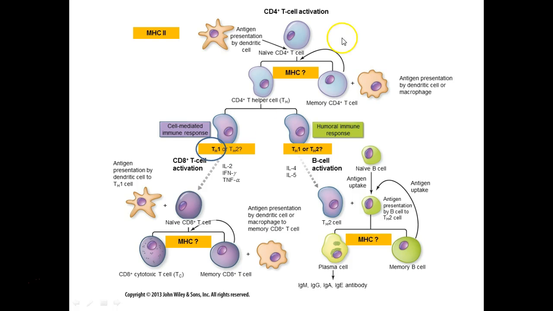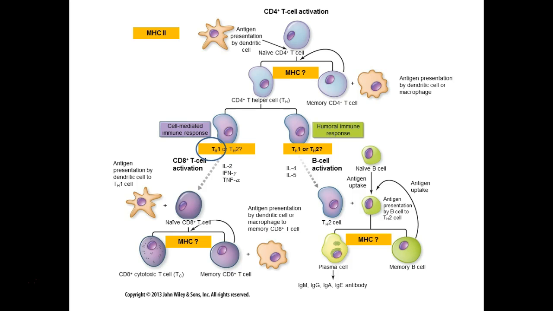So then this cell is helping out this cytotoxic T cell. And we know it's cytotoxic because what does it have here? CD8, which means it can talk to this antigen-presenting cell, but this antigen-presenting cell must be presenting antigen via which MHC? 1. How many people say 1? All right. How many say 2?